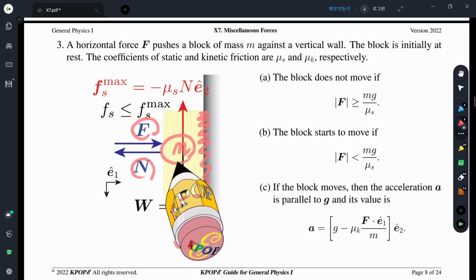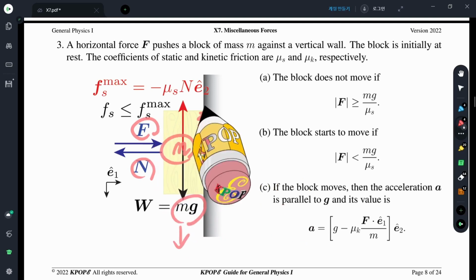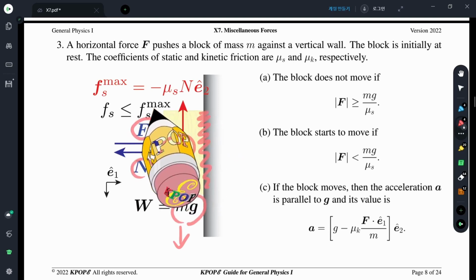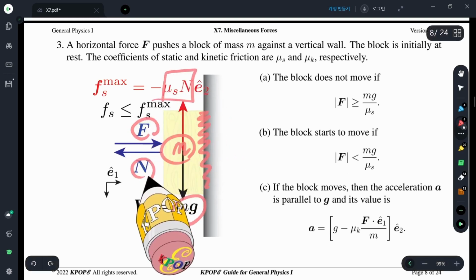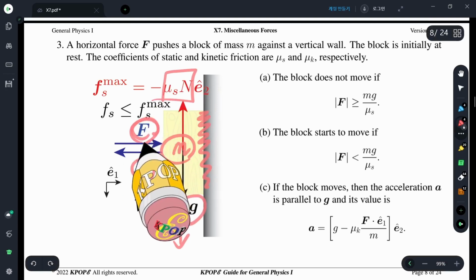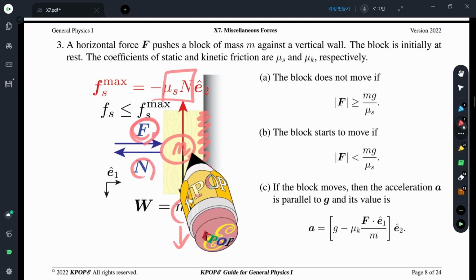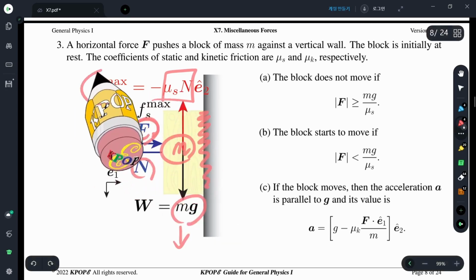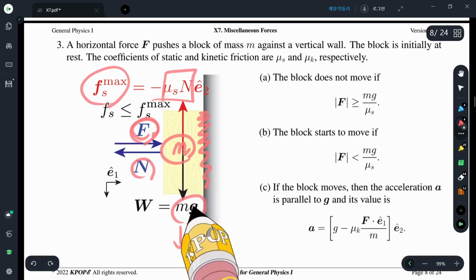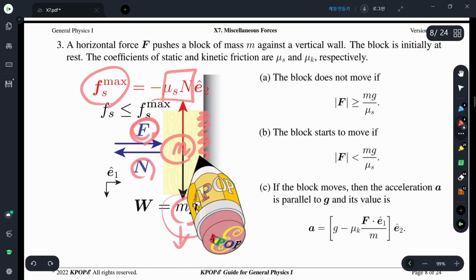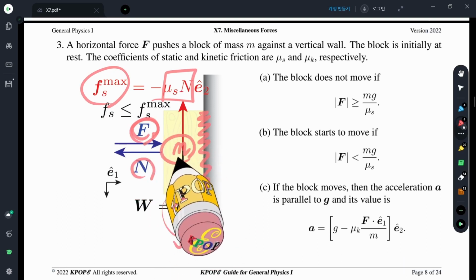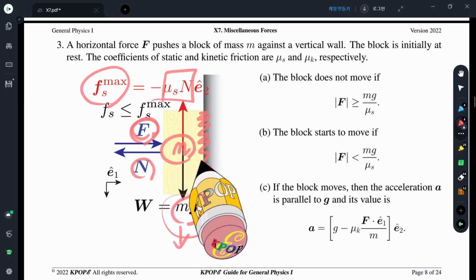But then the maximum value of the static frictional force is determined by the magnitude of the force pressing down on the block. If this maximum value is greater than the weight, then it is always okay. It is not sliding down.